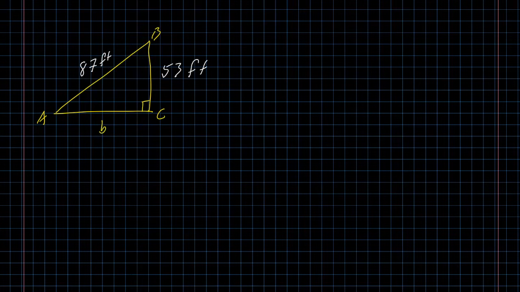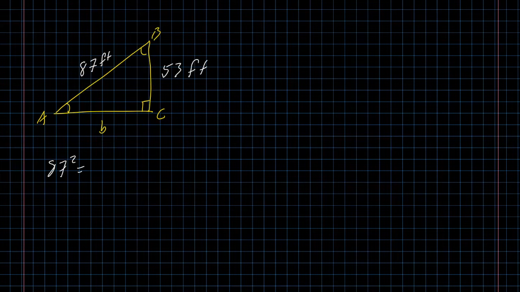And then one unknown side and two unknown angles. In this figure, figuring out the third side is fairly straightforward. That's just going to be the Pythagorean theorem.